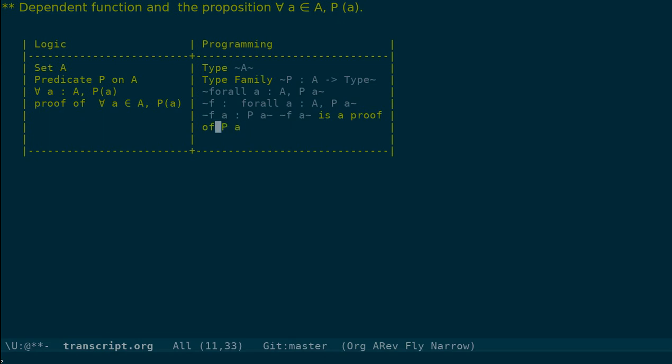So the existence of such a function means that for all a, I can map it to the proof or the witness of P of a. This function gives you the witness for each a. So in that sense, this type for all a, P of a captures this mathematical statement or logical statement, and elements, the dependent functions, are actually proofs of the mathematical statement for all a, P of a.